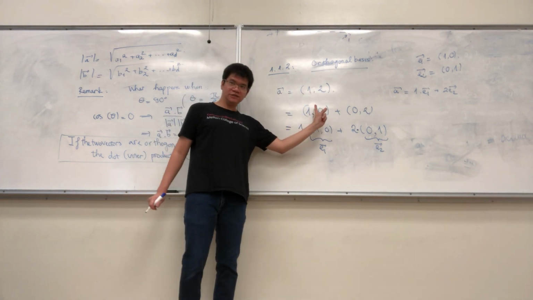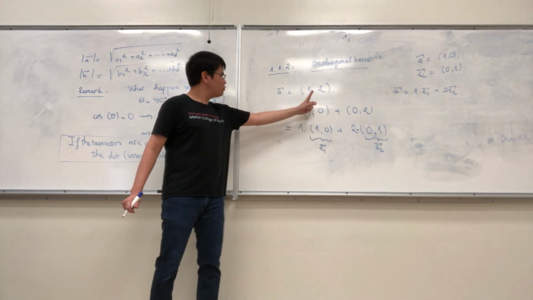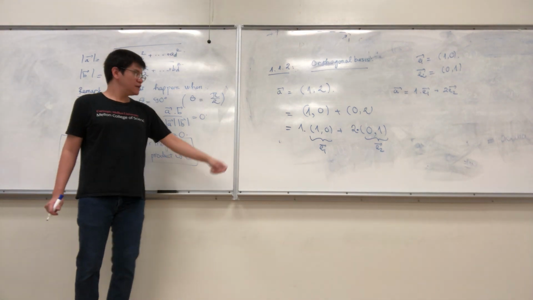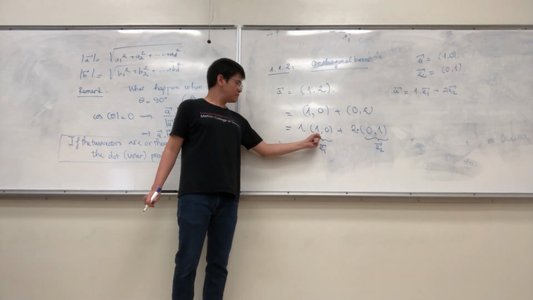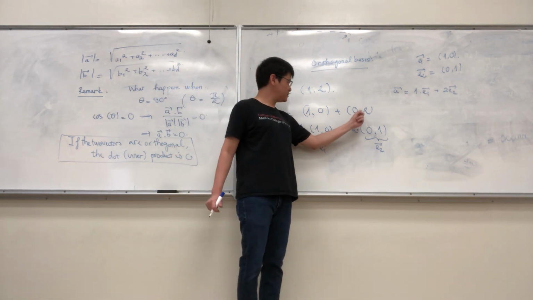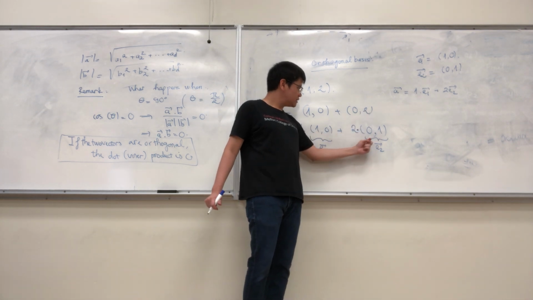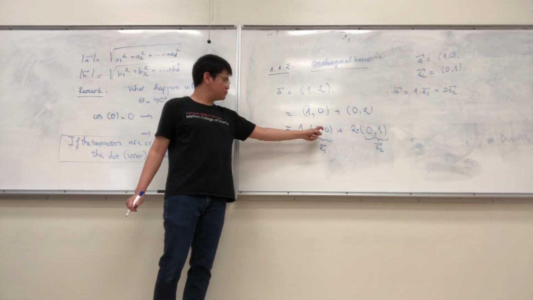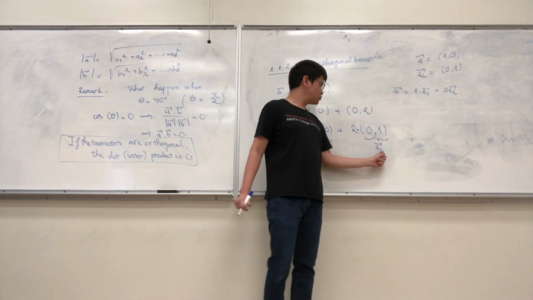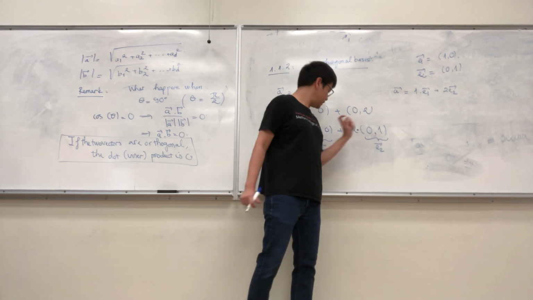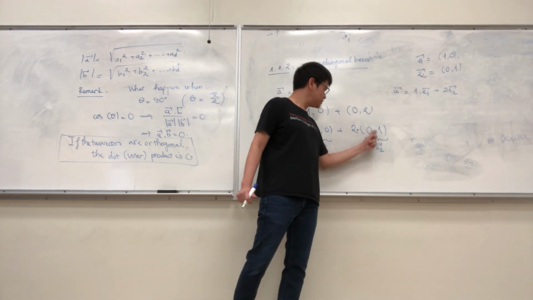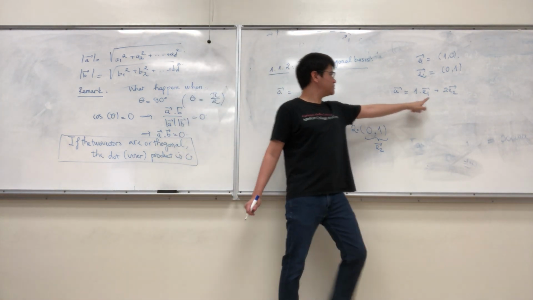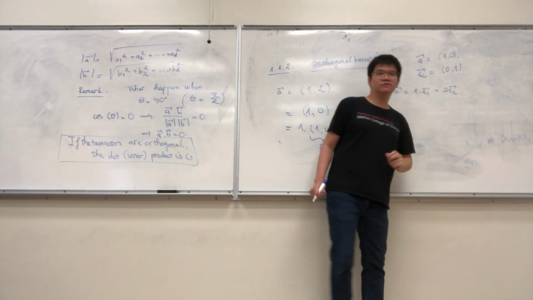I can decompose this vector so that (1, 2) will be (1, 0) plus (0, 2). So (1, 0) is 1 times (1, 0), and (0, 2) is 2 times (0, 1). I call E1 to be (1, 0), and E2 to be (0, 1). So I can write A as 1 times E1 plus 2 times E2.